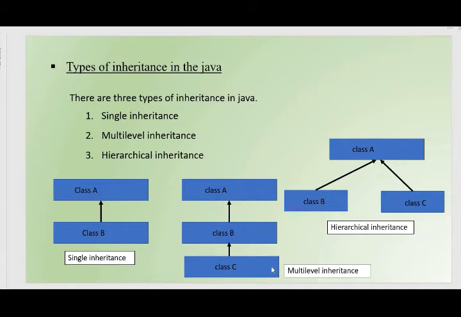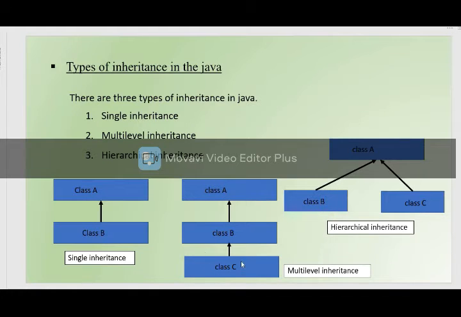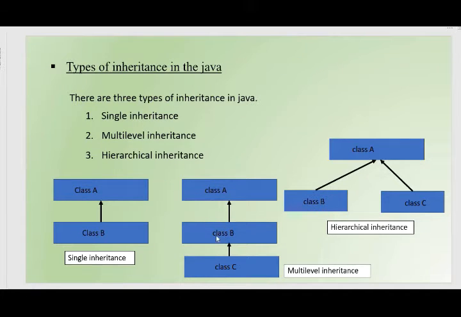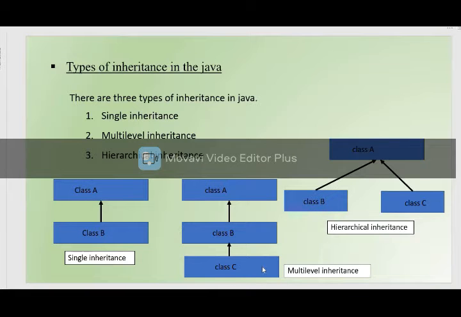The second one is multi-level inheritance. There are three classes: class A, class B, class C. Class A is the superclass, class B is a subclass, and class C is a subclass. Class C can get the attributes and behaviors of classes A and B, but class B can get the behaviors and attributes only of class A. Class B cannot get the attributes and behaviors of class C. That is multi-level inheritance.